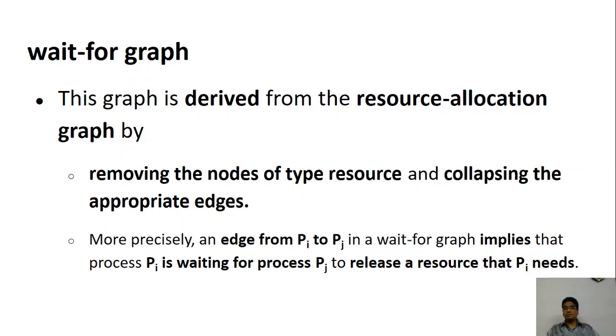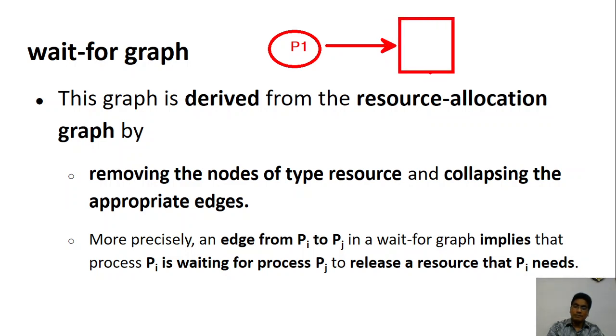So how do we achieve that? Now in the resource allocation graph, we have something like this. We have some process, let's say P1, and it is making a request to a resource, say R1. You recall that this is your resource graph.